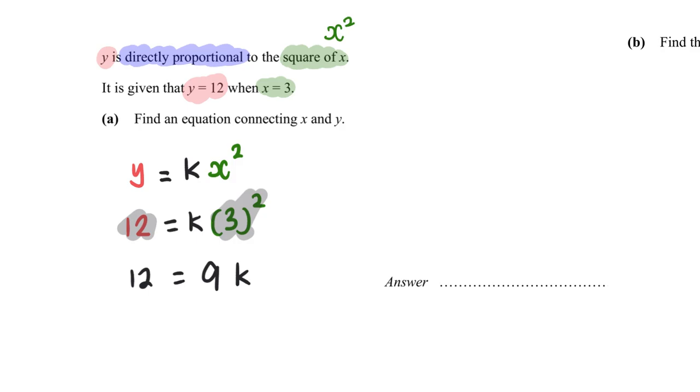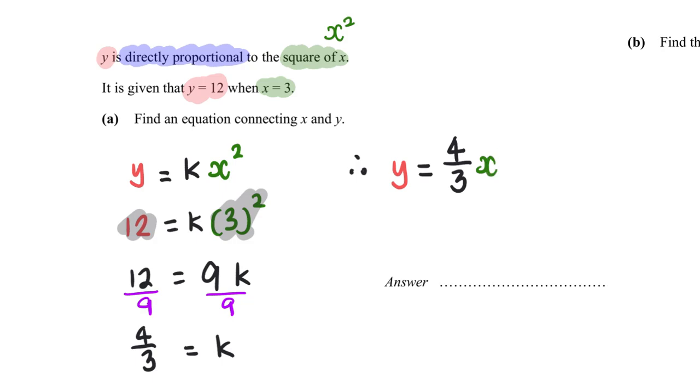I will have to divide by 9 on both sides, such that I'm left with k here, and this one will be 4 over 3. And therefore, the equation connecting x and y equals to 4 over 3 times x squared. And that will be the answer.